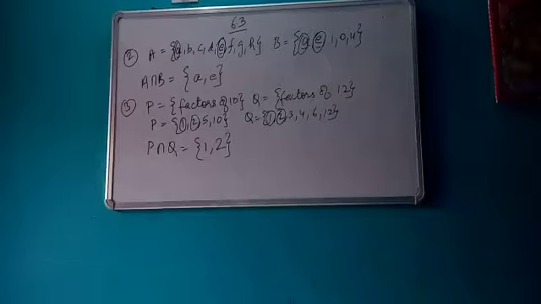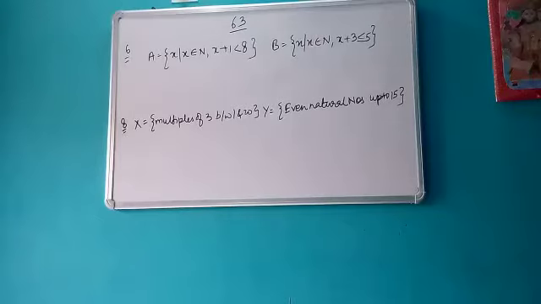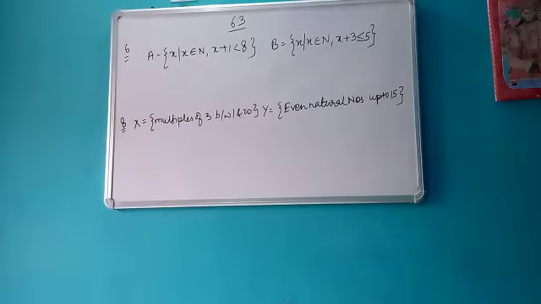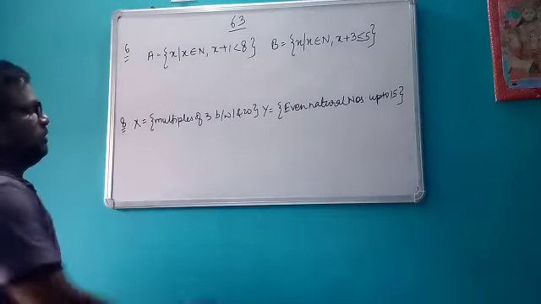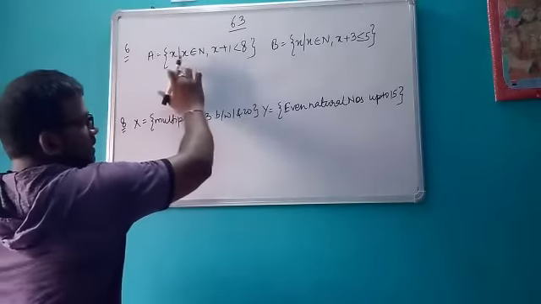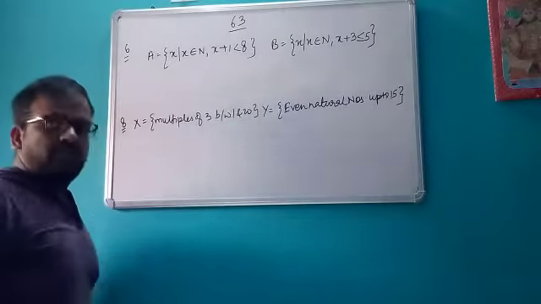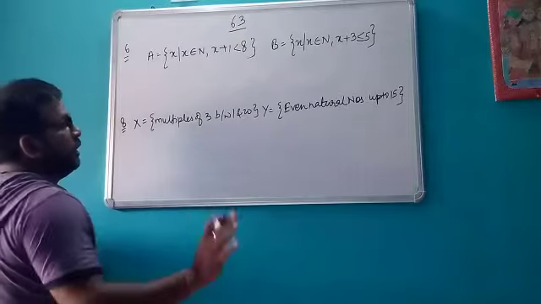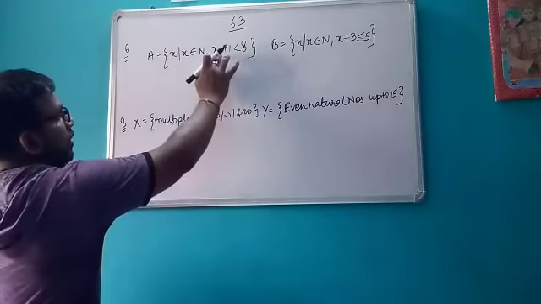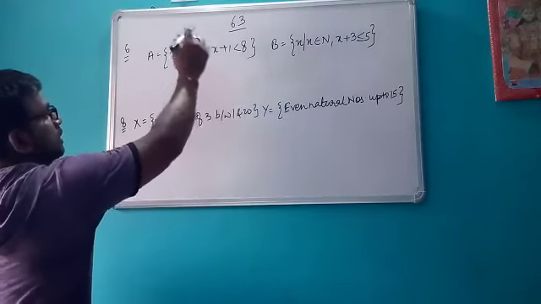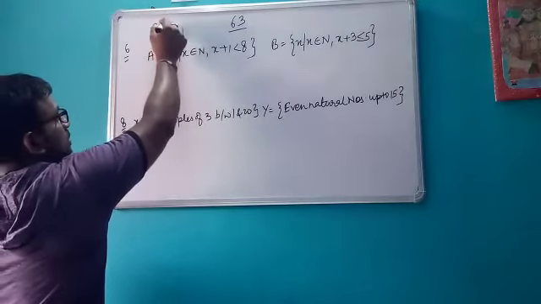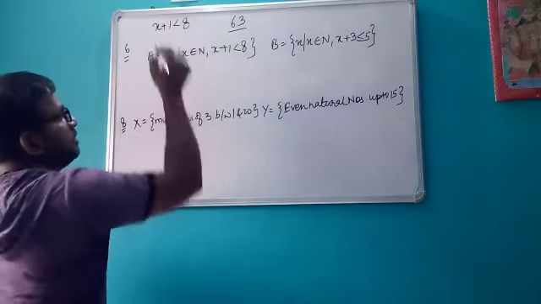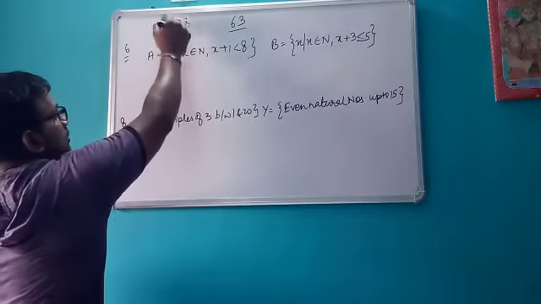Okay, let's see the questions like this. So again, this is the set builder form. So we have to convert it into the roster form. Then how will we convert? This is x plus 1 less than 8. So 1 will go there, 1 will come here.